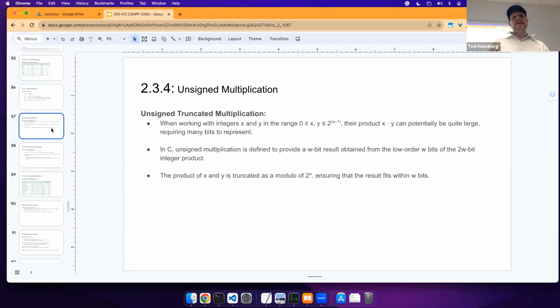So how do we handle this? How do we handle the fact that you could have a massive increase of your word size? Well, in C, our unsigned multiplication is defined to provide a W bit value. That means that we maintain the same value as what we started with.